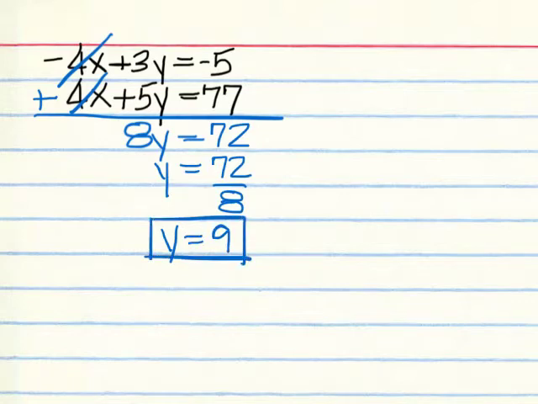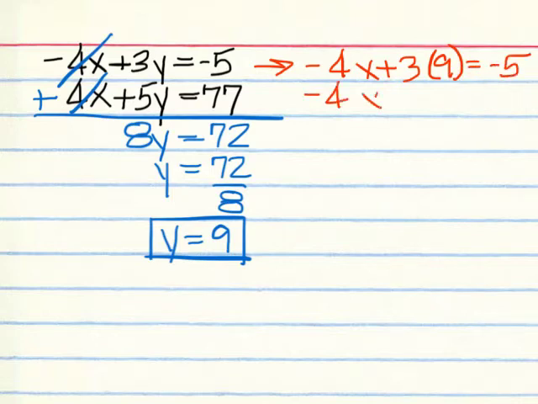Plug that back in to either this one or this one. I'm going to choose the top one. -4x plus 3 times 9 equals -5. Simplify and then move.